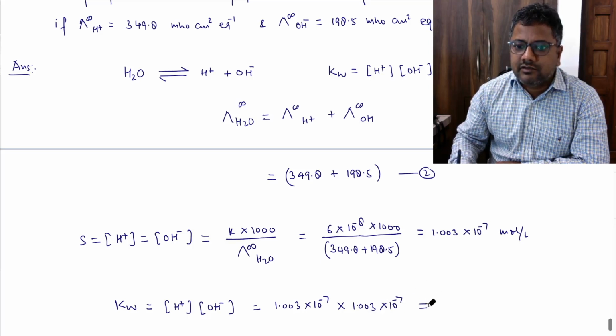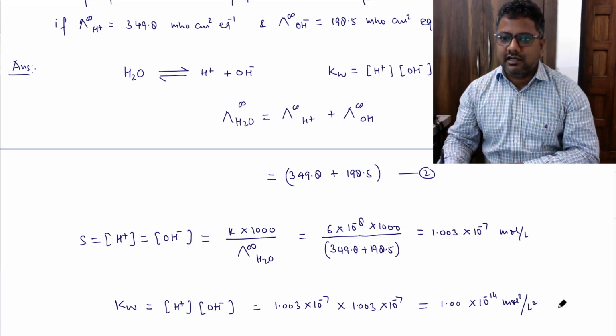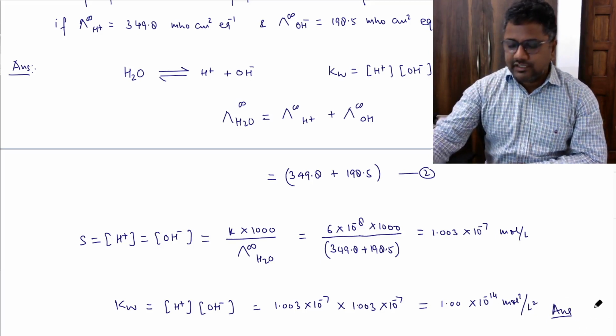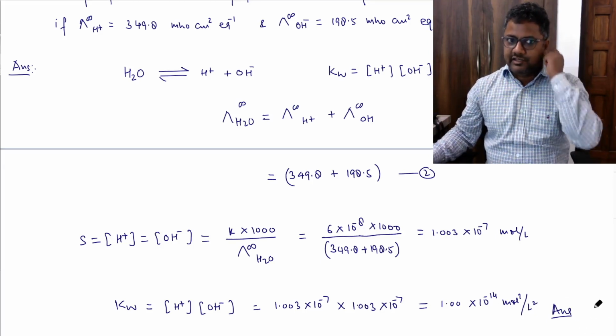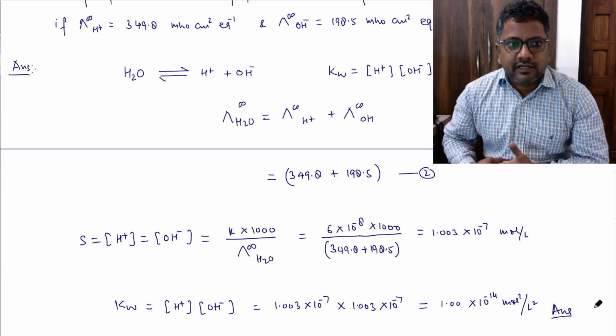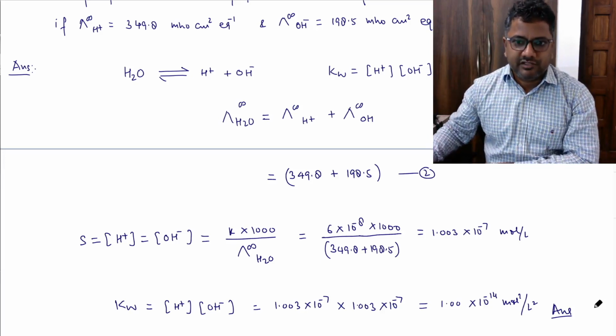So this is equal to, you can write, 1.00 into 10 power minus 14 mole square per liter square, right? So this is the answer, and this is the value also what we are using in the calculation of pH, right? Okay, so with this, dear students, your electrochemistry is now complete. Okay.